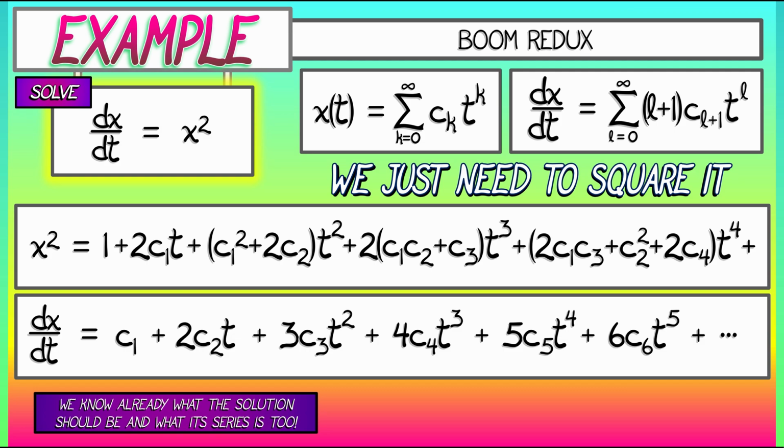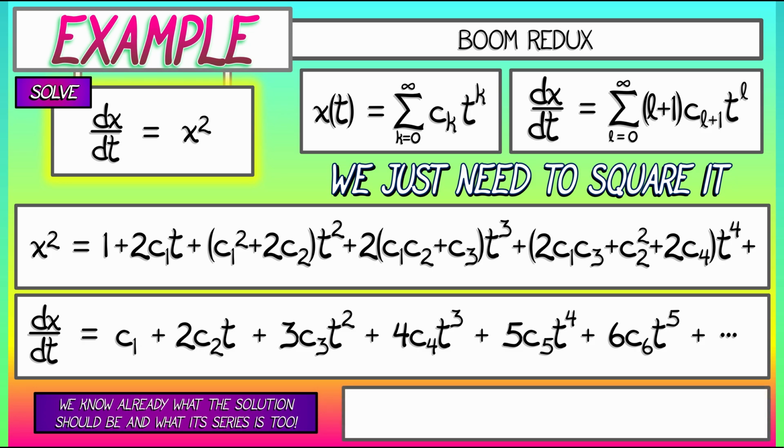Now, with what we've got so far, this seems like it's not so bad. If I equate the terms degree by degree, then in degree 0, I get that 1 is equal to c1. That's great. Perfect. In degree 1, what do I get? Match up the coefficients in front of the t's. I get 2c1 equals 2c2. That means c2 is equal to c1, but I already know c1 is equal to 1.